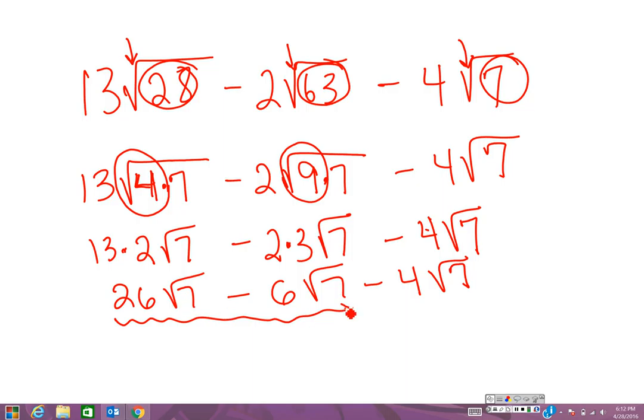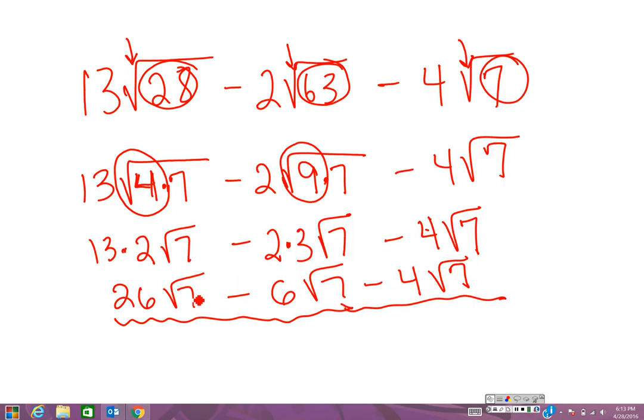All of these now have the same index and radicand, so all my radicals are the same. So look at this as if they are all like terms, because let's just say this was any variable, 26n minus 6n minus 4n.